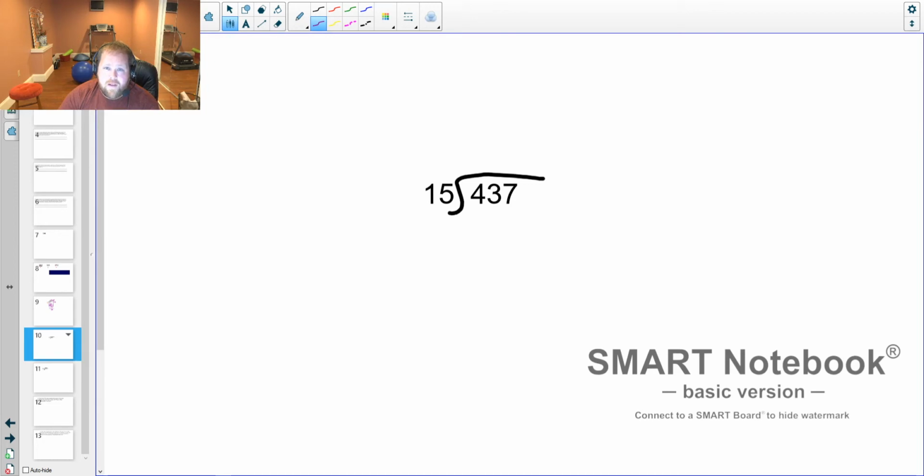437 divided by 15. What is our first move going to be? Very good. To see how many times 15 can go into our first number. Can 15 go into 4? No, it cannot. But can it go into 43?